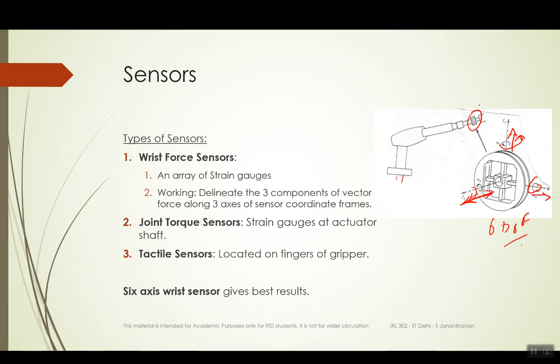You can also have joint torque sensors, which are embedded within the shaft of the motor of the actuator. And you may also have tactile sensors. If you have a gripper like this, these sensors will know whether you are touching an object or not, and if you are touching, with how much pressure.